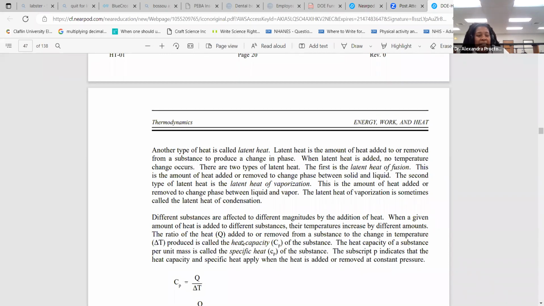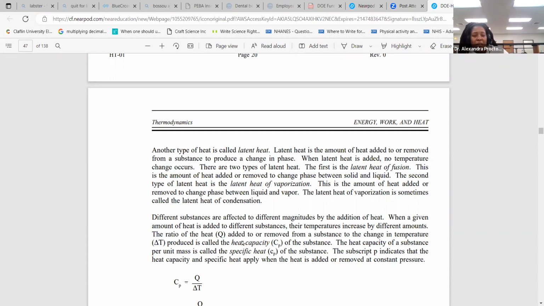The second is the latent heat of vaporization, and that's when you go from a liquid to a gas, or a vapor. Going from solid to liquid, that's the latent heat of fusion.